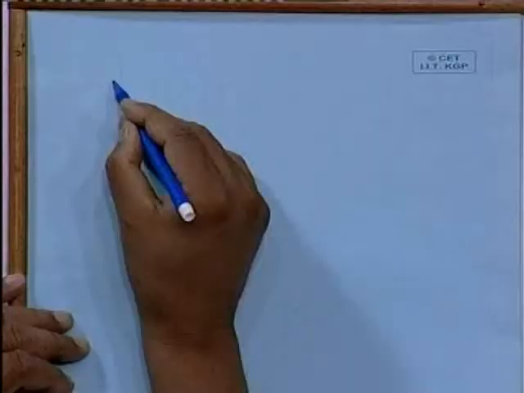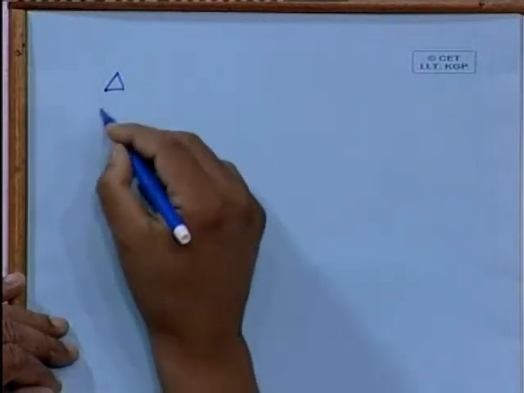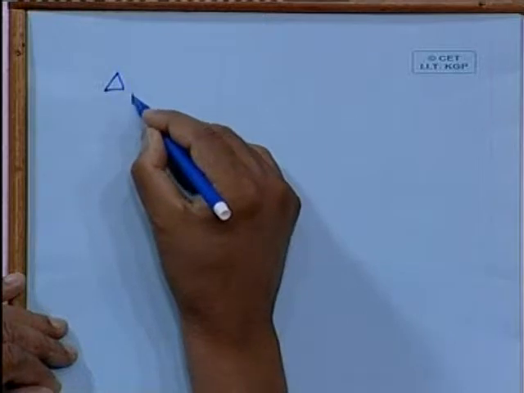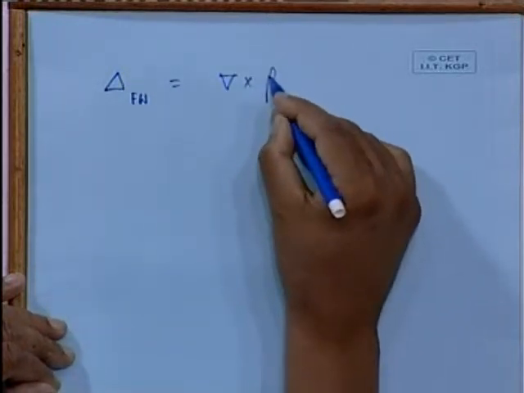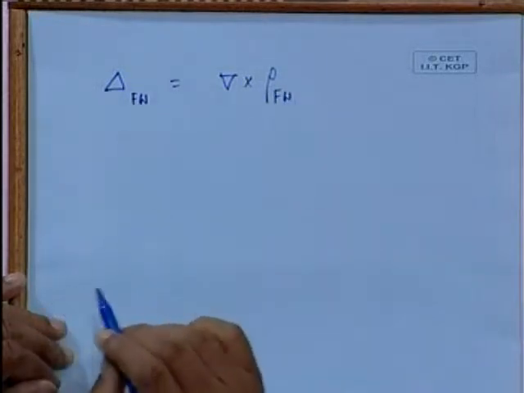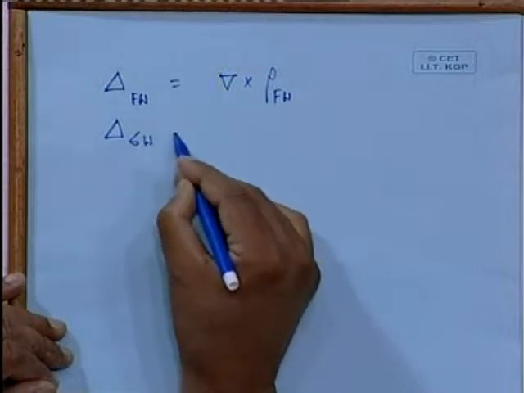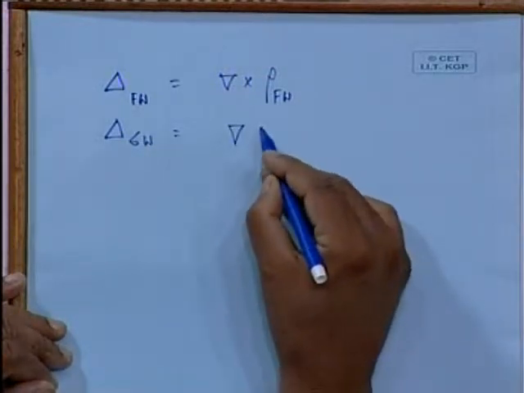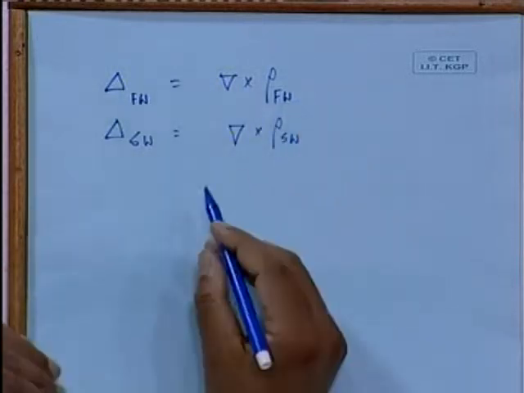Now from these three things we can get a number of things. You see, now I can get displacement. We call it mass displacement. Okay, in fresh water, this is volume into density of fresh water. Just one multiplication. In salt water, it equals volume into rho salt water. Just one line multiplication.